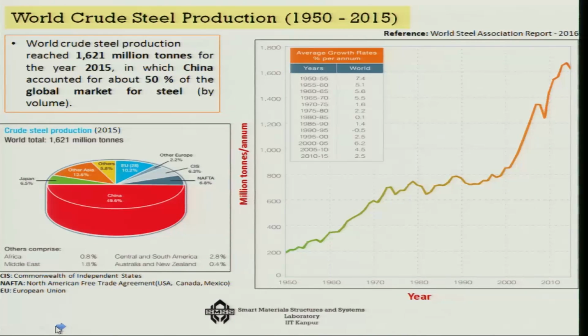If you look at the crude steel production over the 65 years between 1950 and 2015, from the World Steel Association report of 2016, you would see about 1621 million tons for 2015, about 50% of which is from China, and then the rest is from the rest of the world. So, that is what you can see in this picture: China is there, Japan is there, and other Asian countries are there.